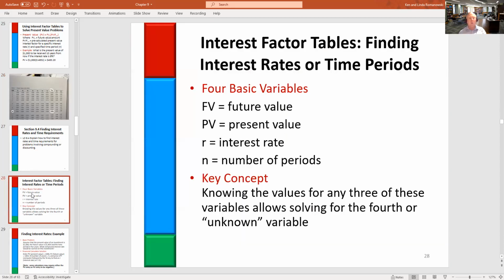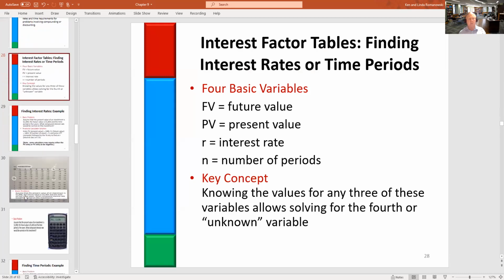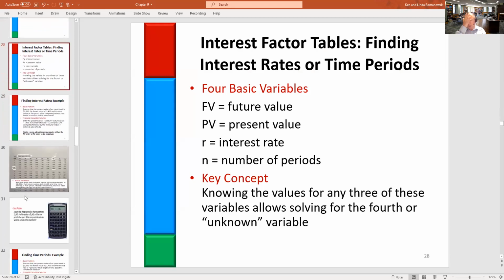Okay, so when we're looking at these factor tables, and this is also true for a number of other types of problems when we're working with present and future value, there are 4 variables: the future value, the present value, the interest rate, and the number of periods.